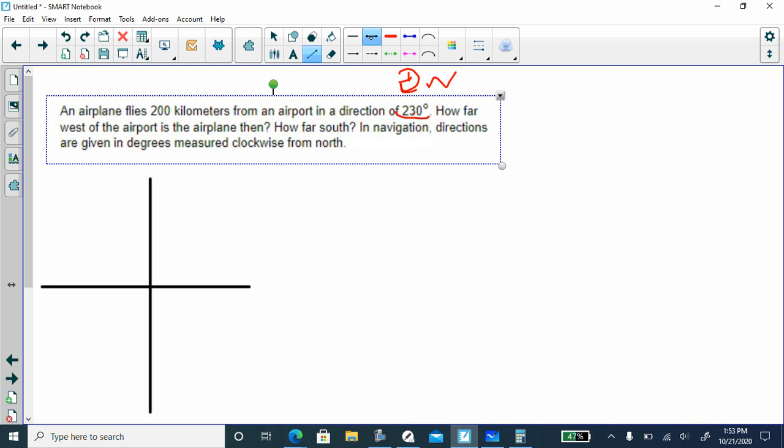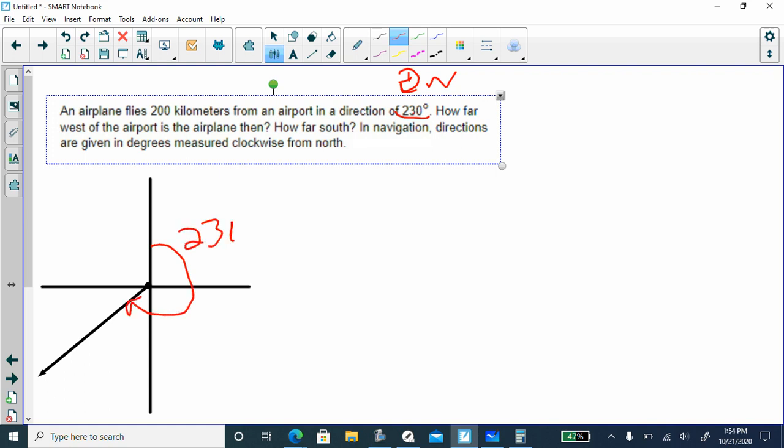So if north is here, and we rotate clockwise, this will be 90, 180, 270 would be there, so somewhere over here. From north to there, it's 230 degrees. And that distance is 200 kilometers.